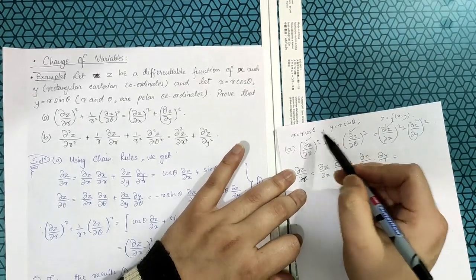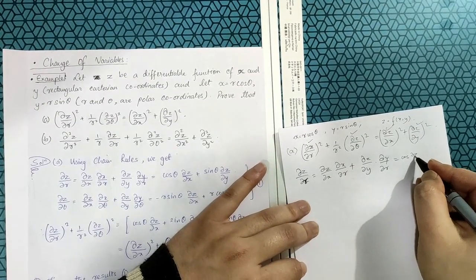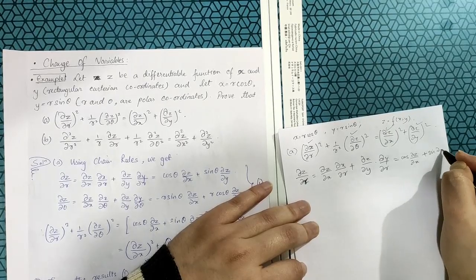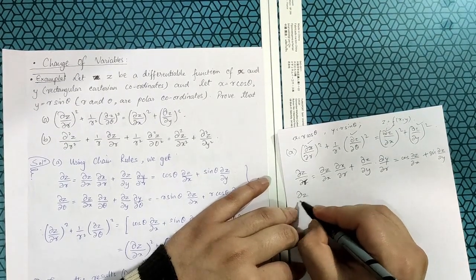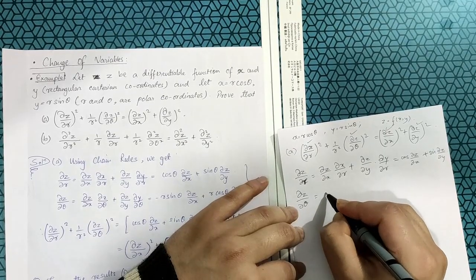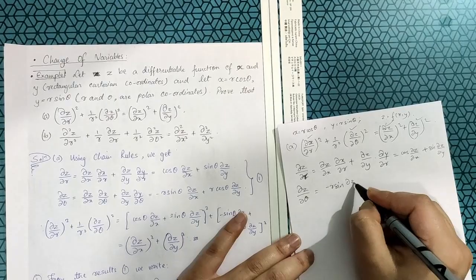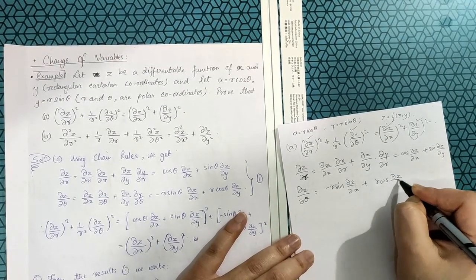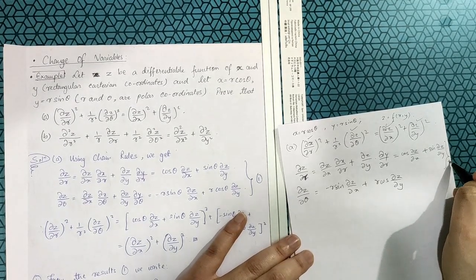Now we differentiate with respect to r and we get cos θ ∂z/∂x + sin θ ∂z/∂y. Similarly, we find ∂z/∂θ and we get −r sin θ ∂z/∂x + r cos θ ∂z/∂y, and we take this as 1.